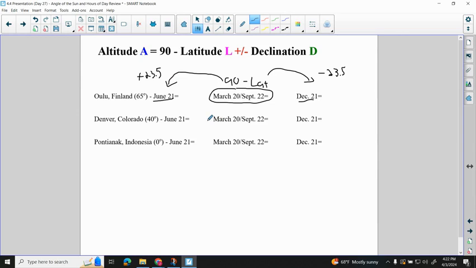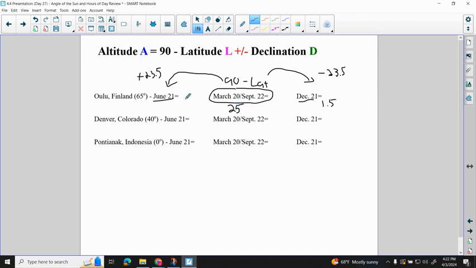So if I did Finland here, I would do this one right here first, 90 minus latitude. So if I do 90 minus 65, which is the latitude, I get 25 degrees. So the answer here is 25 degrees. When I go to December, I'm just going to take that 25 and subtract 23.5, and I'm going to get 1.5.